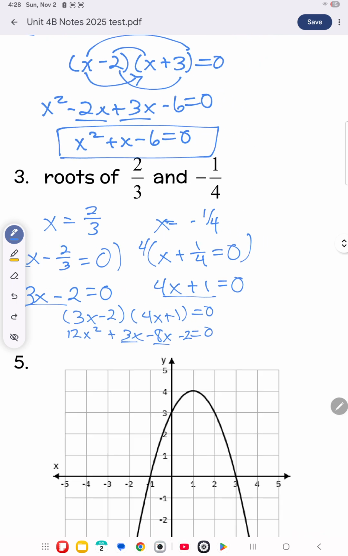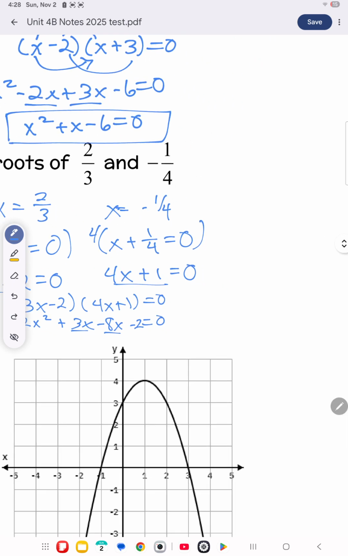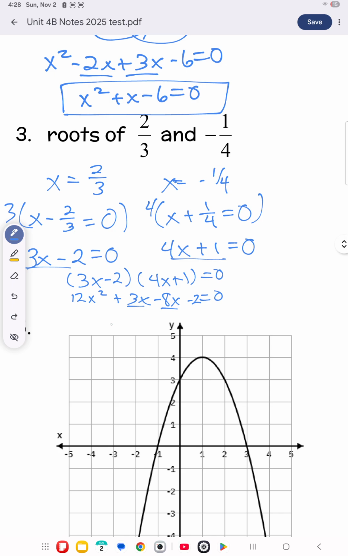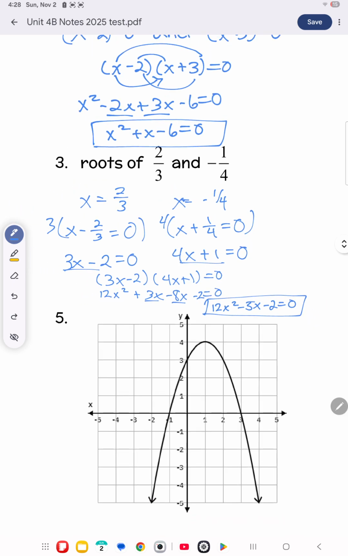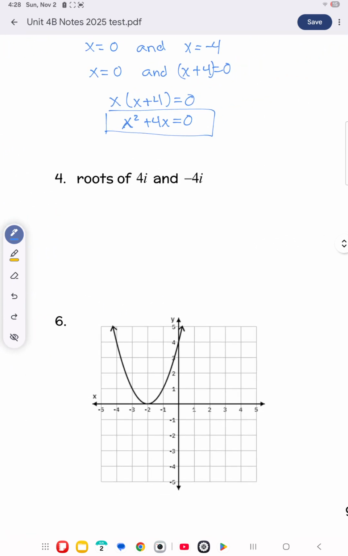Combine our like terms, and I'm running out of room. So this is going to be 12x squared minus 5x minus 2 equals 0. And that is our standard form. I have to remind myself to write a little smaller next time.